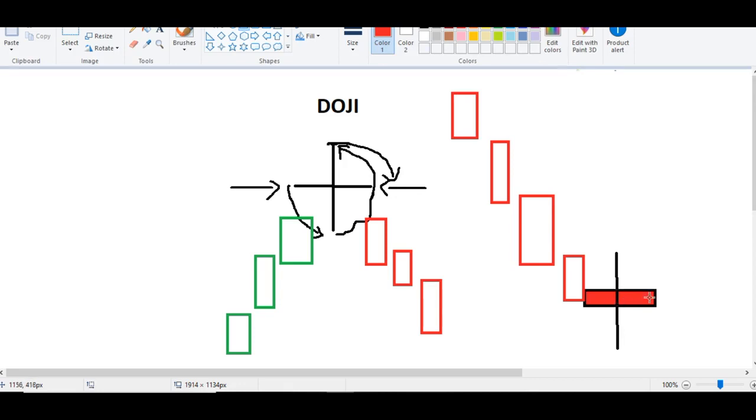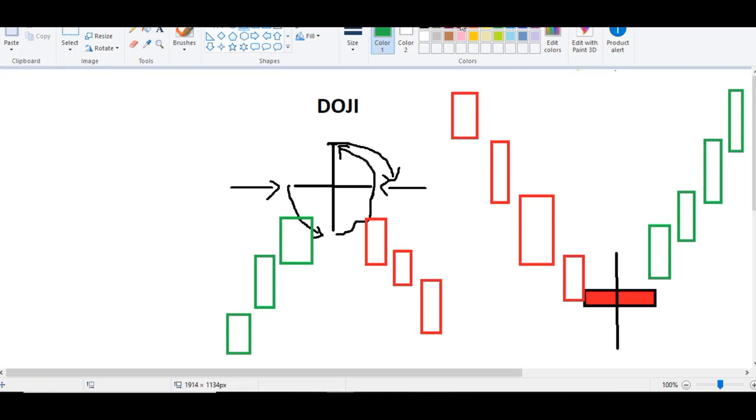Why? Because there's a tug of war going on between the bulls and the bears, and one or the other is going to come out as a winner. If you get a big green candle after, that is saying bulls have control now and they may reverse the price.